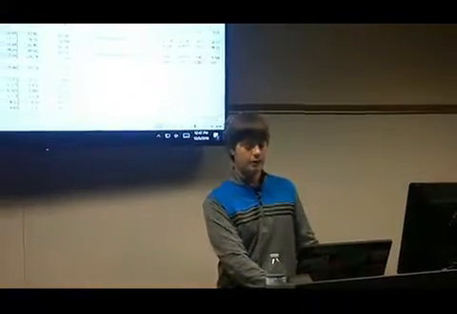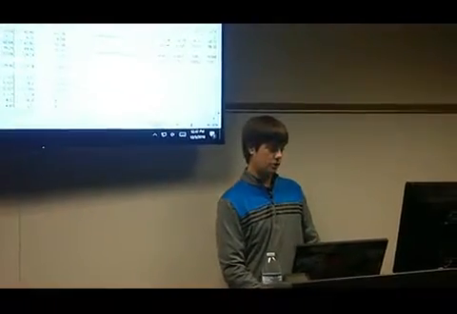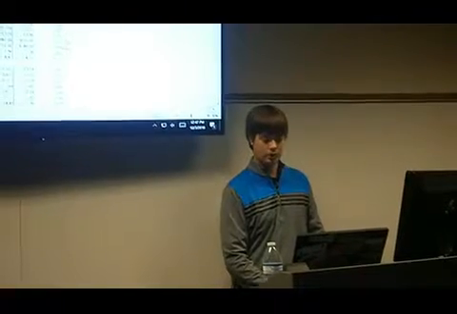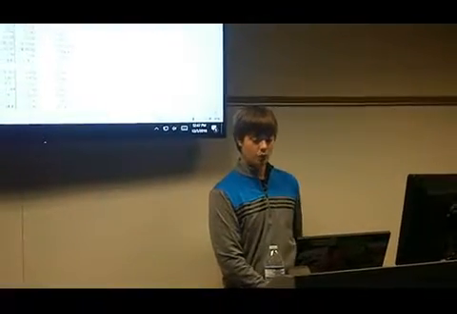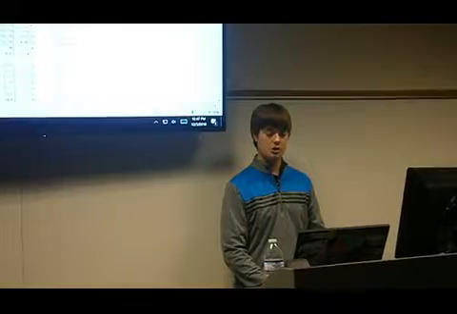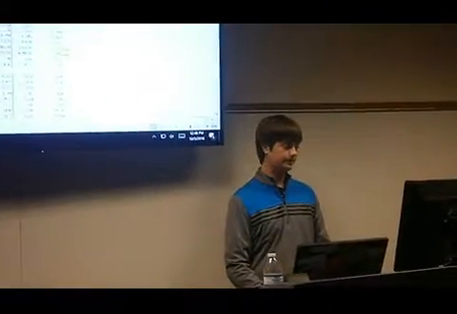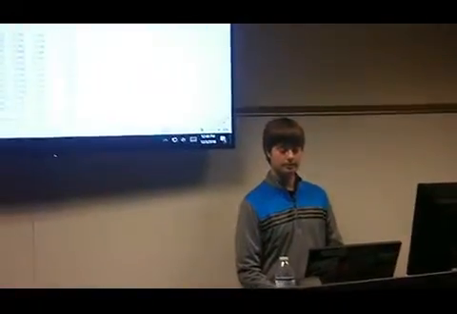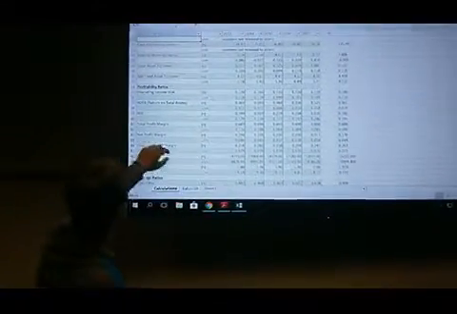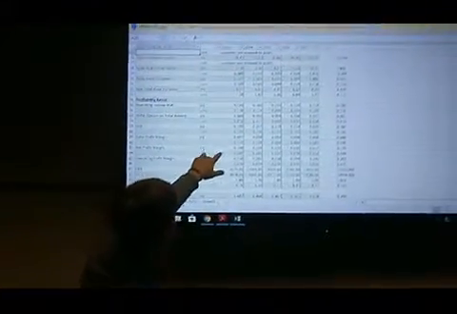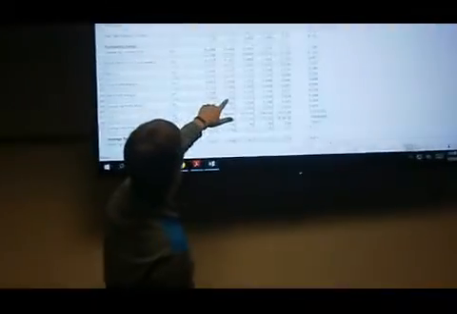So as we move down to the profitability ratios, we're going to be looking at the total profit margin ratio, the return on assets, and the return on equity. The first one we're going to look at is the total profit margin. Right here, you can already see some differences.